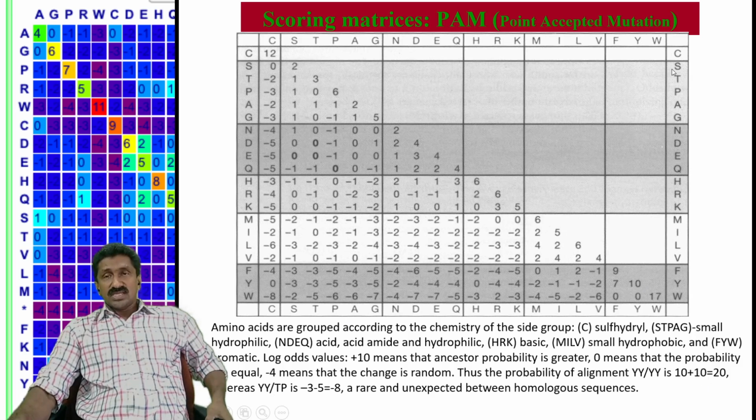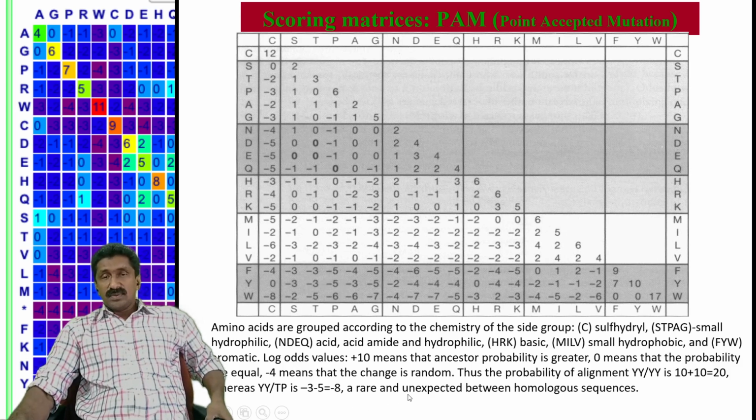Whereas if YY is replaced with TP, that probability is -3 and -5. Y replaced with T is -3, and Y replaced with P is -5. So -3 and -5, you get a -8 value.